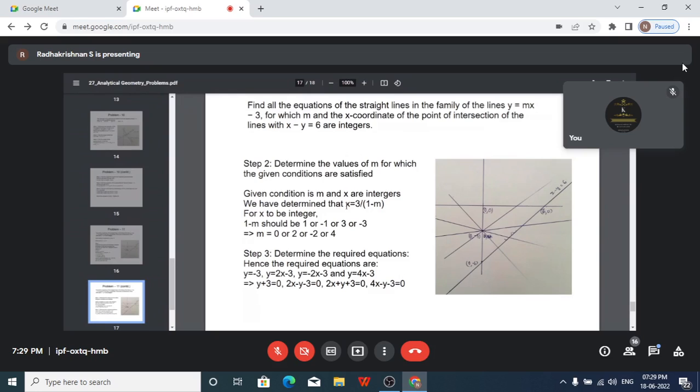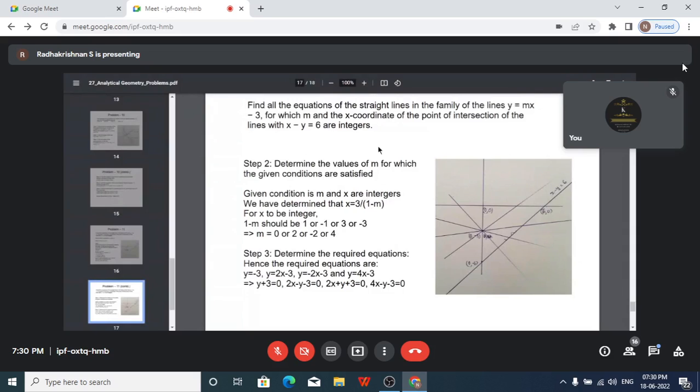Now we know that x equal to 3/(1 minus m). Now we have to think a little logically. x equal to 3/(1 minus m), so what are the possible values of m for which m and x are both integers? We have to substitute various integer values for m and think logically about when x also comes out as an integer. If the denominator is 1, it will be an integer; if 3 by 3, it will be an integer; or 3 by minus 3, it will be an integer.